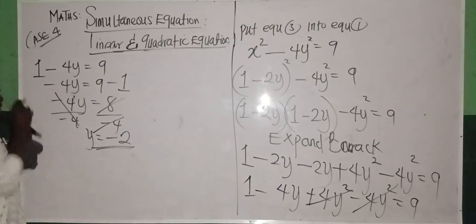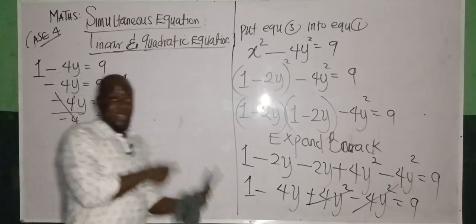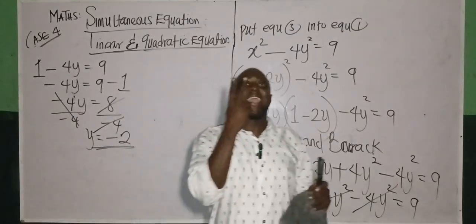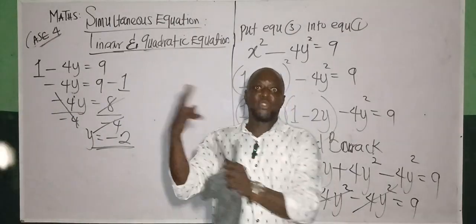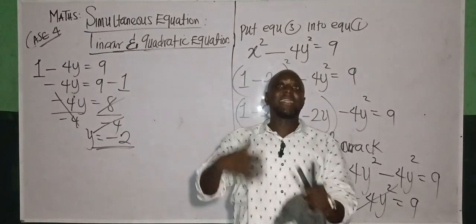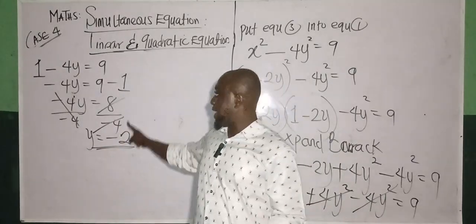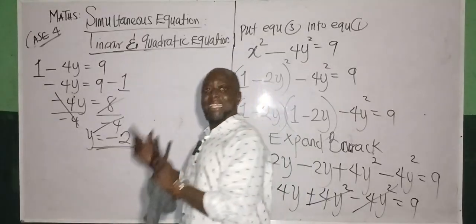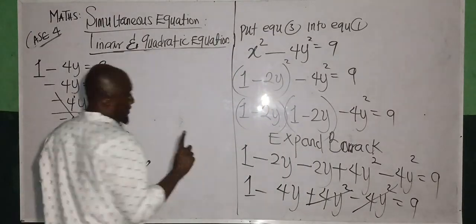So I've gotten this. Remember I told you in the first question that if you have the value of y to be 2, you get the value for x. If you have the value of x, you must definitely get the value of y. In this case now, y is minus 2, so I can get the value of x. Don't forget that.